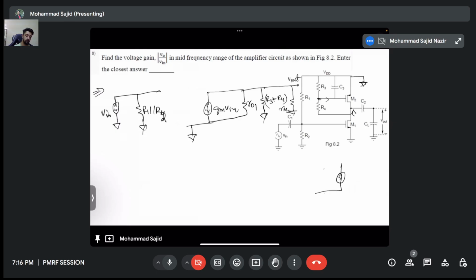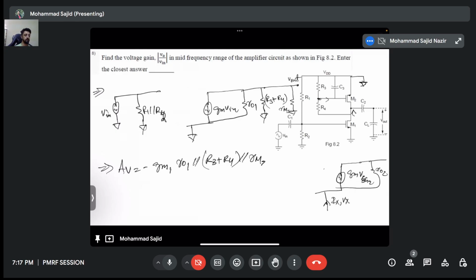You have Ix, Vx, gm, Vsg2, and ro2. Calculate it, and you will get a gain of minus gm1 times R01 parallel R3 plus R4 parallel Rm. Calculate the values of everything.